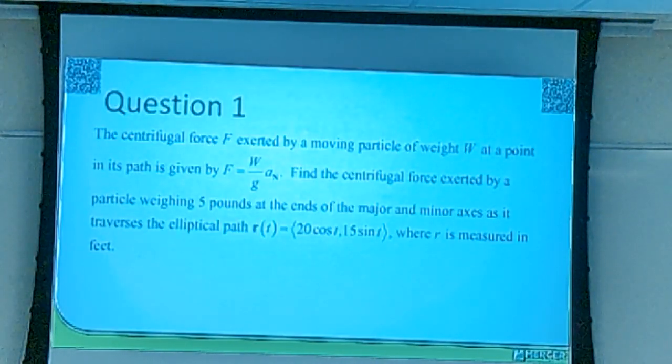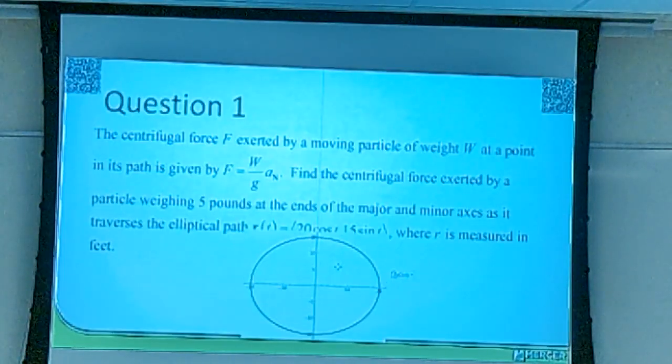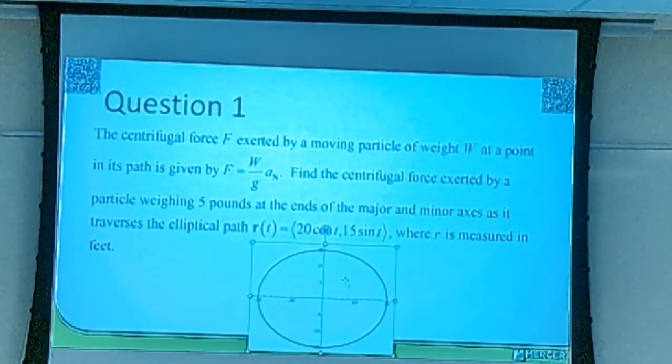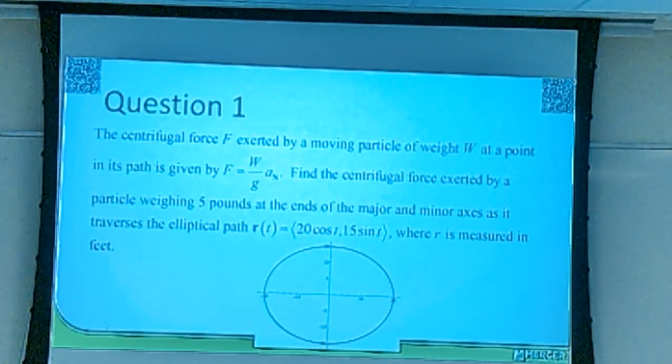So I'm just going to go ahead and plot that ellipse. So there's the ellipse.